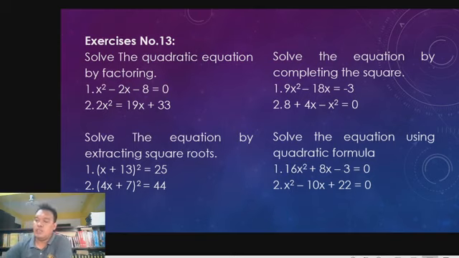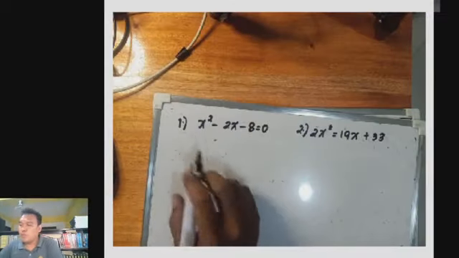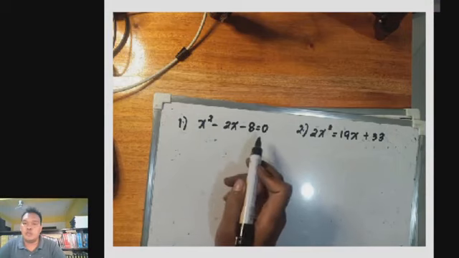Okay, we have number 1, which is x squared minus 2x minus 8 is equivalent to 0, and number 2, 2x squared is equivalent to 19x plus 33. Okay, so we have x squared minus 2x minus 8 is equivalent to 0.